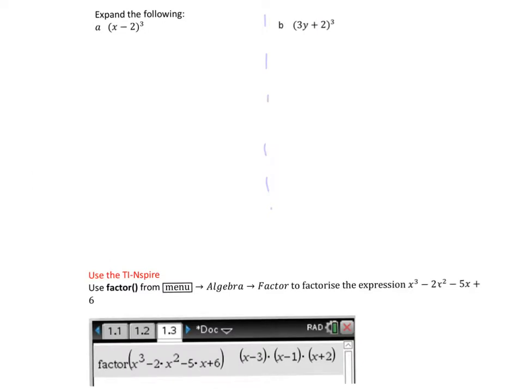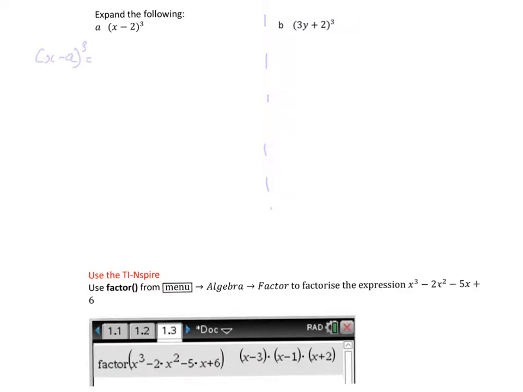Expanding cubics. This can be quite tricky, so we just need to be really careful, think about it and do it step by step. So this first one is the first term minus the second term, all cubed. Now if you go back and have a look at your rule for that, x minus a cubed, that's what you're looking at.